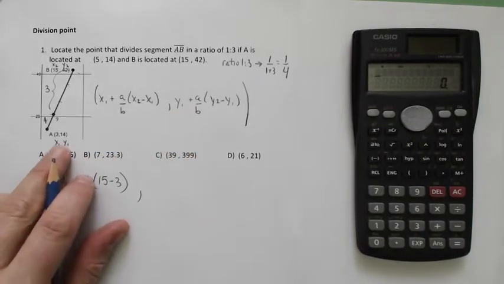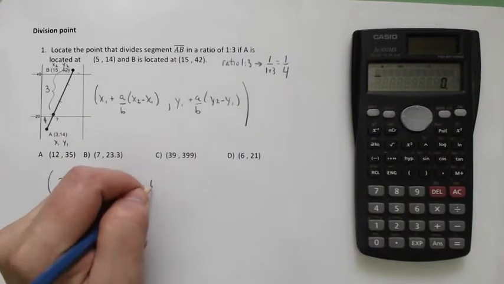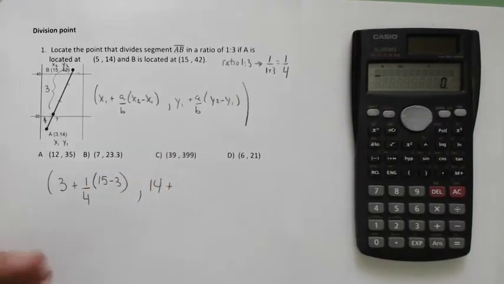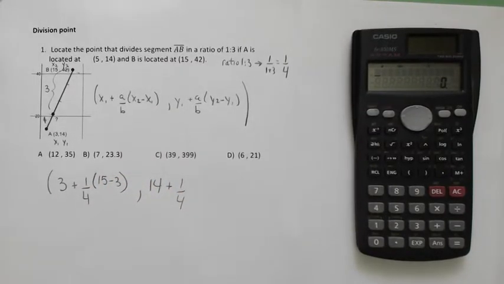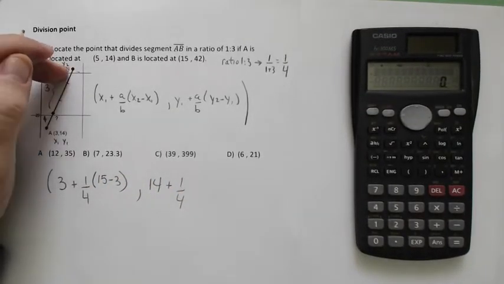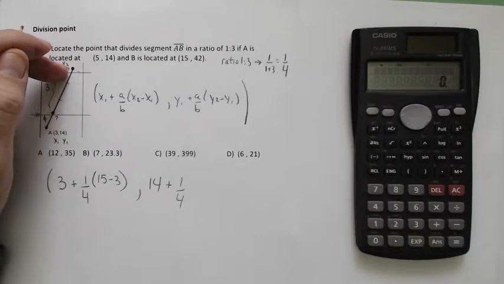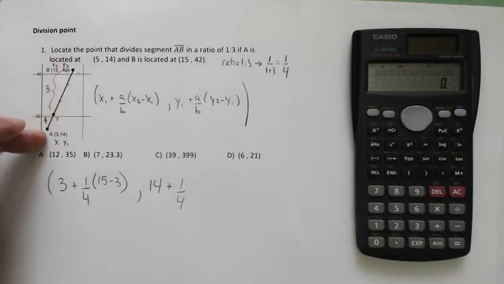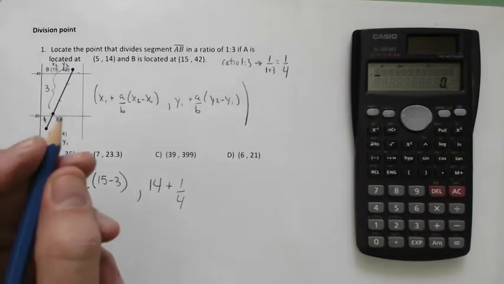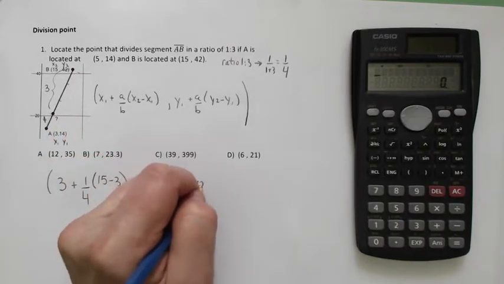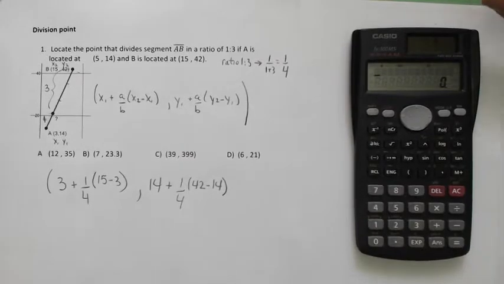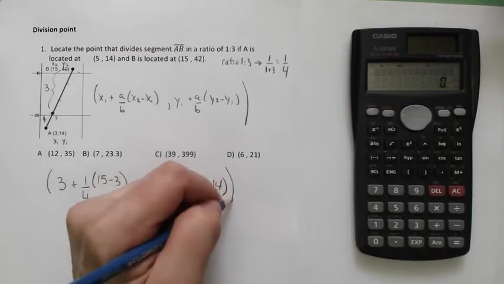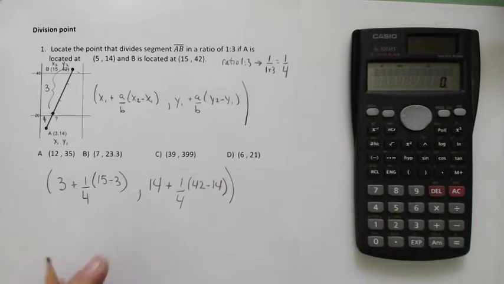Y1, 14, plus a over b, 1/4, times y2, 42, minus y1, 14. So that's the way we kind of write the first line, and now we're ready to calculate.